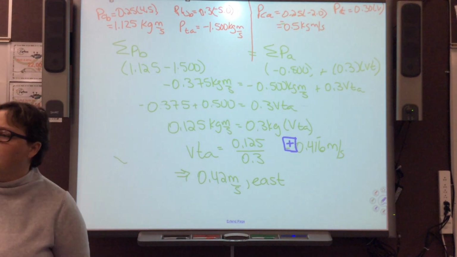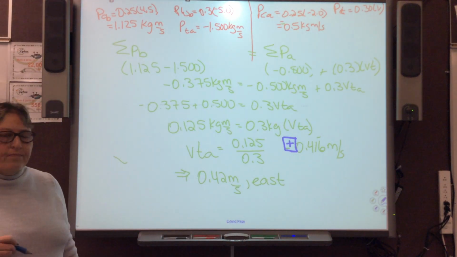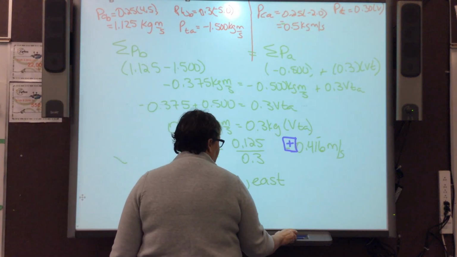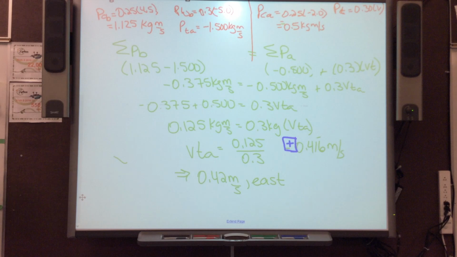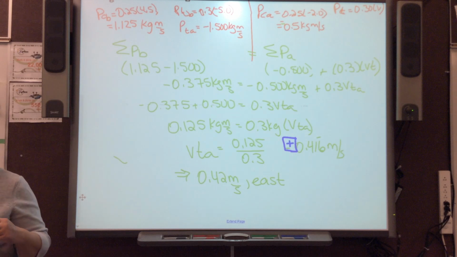I drew the diagram that way, but if you didn't know, the truck could potentially still be going that way if its mass was substantially larger, then its momentum would be substantially larger, so it would keep going in that direction. But it wasn't.